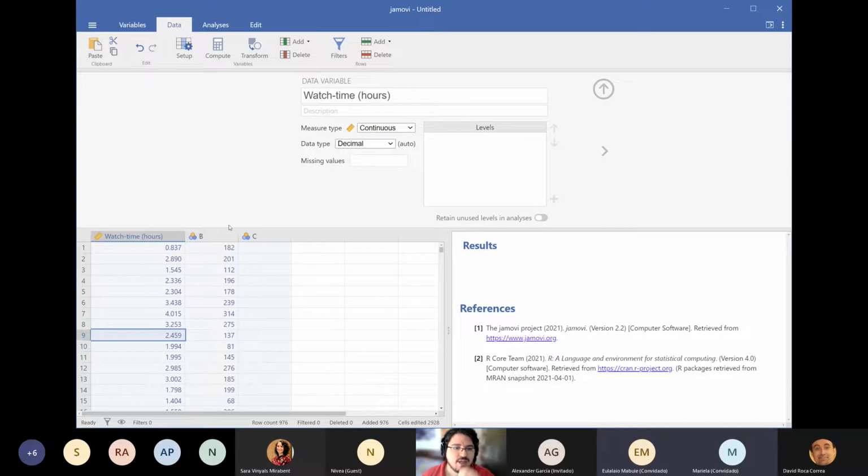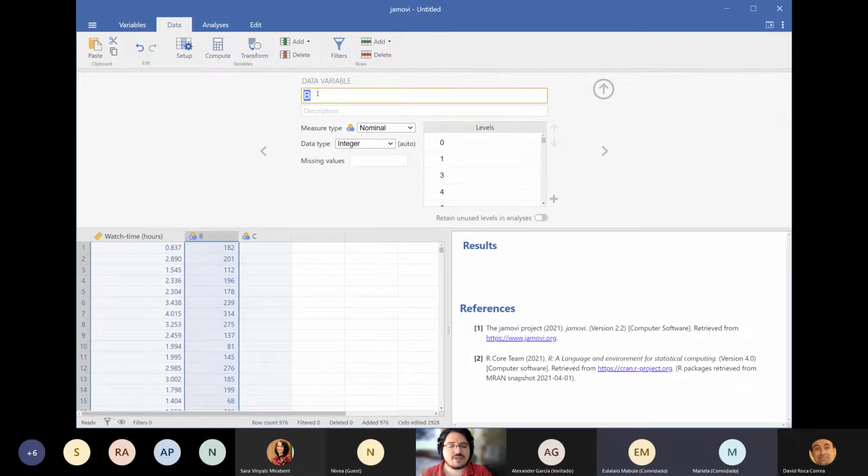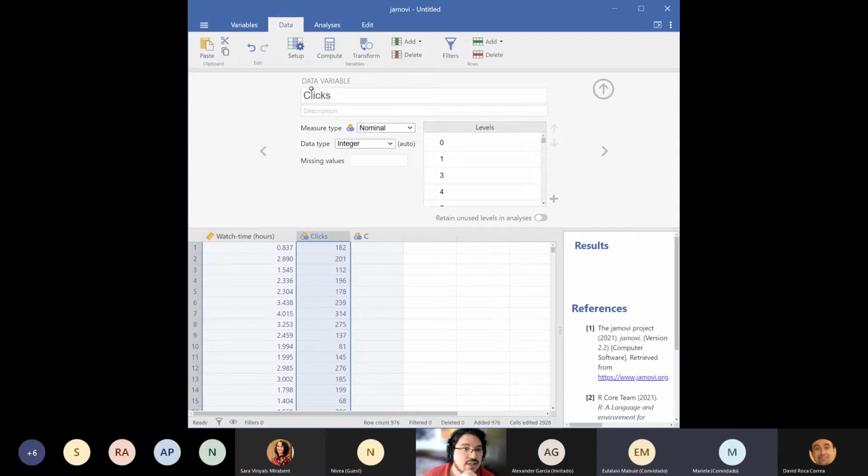That's the variable. And B can be the number of clicks, or the number of times that people access your website, if that is what you were advertising through YouTube ads, right? So this can be clicks, for instance your clicks per month.